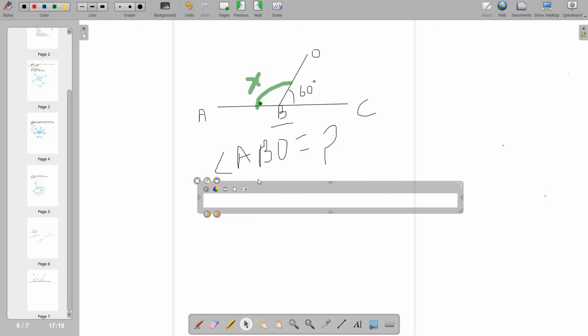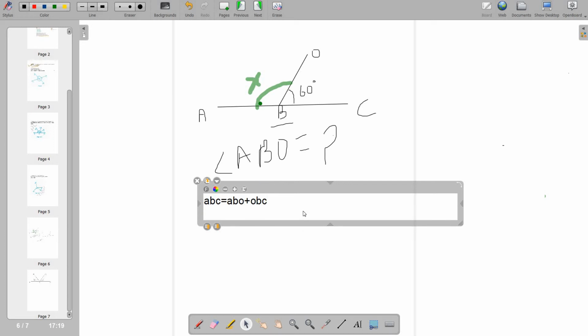Now angle ABC is equal to angle ABO plus angle OBC. Angle ABC is 180 degrees.